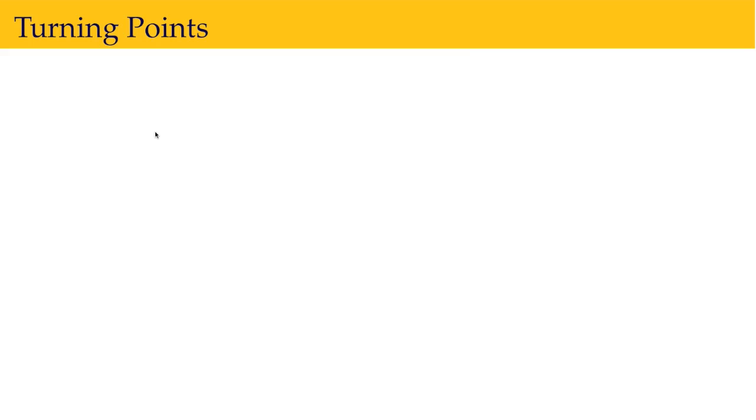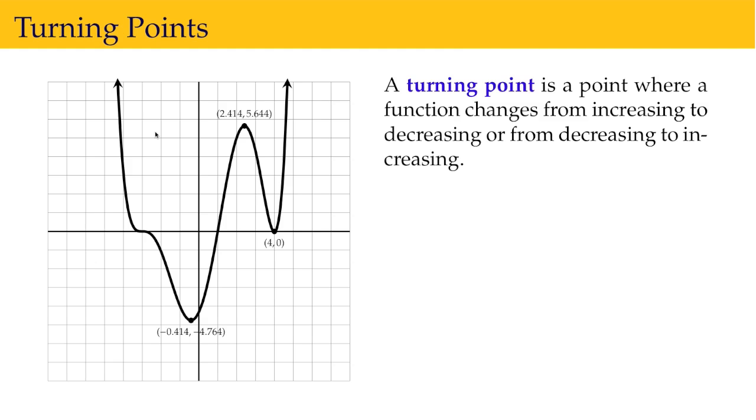Now let's talk about turning points. Here's my picture of my graph again. A turning point is a point where a function changes from increasing to decreasing or from decreasing to increasing. Remember, you might want to review when we were talking about quadratics.